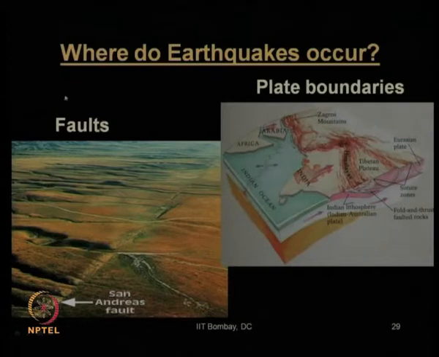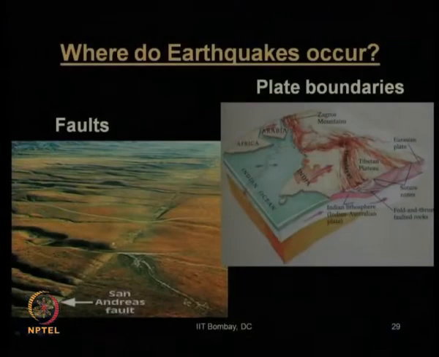Whereas, if we talk about the fault rupture earthquake, the other type of earthquake, a classic example is the San Andreas fault, which is located in California state of USA. Fault means it is already a location of weakness in the earth crust.